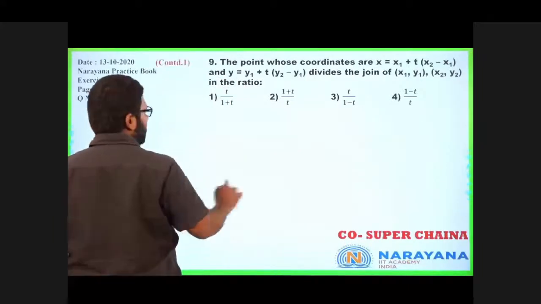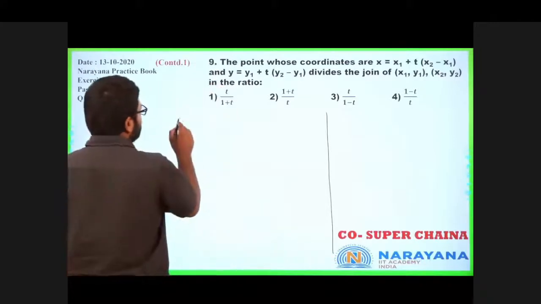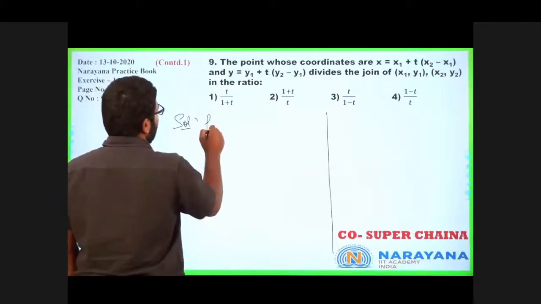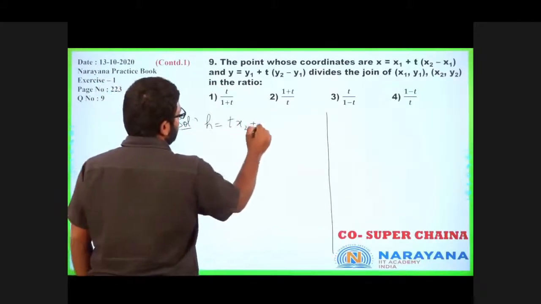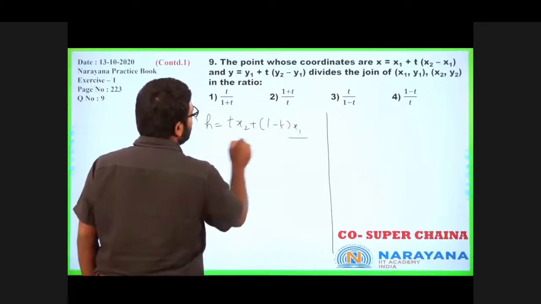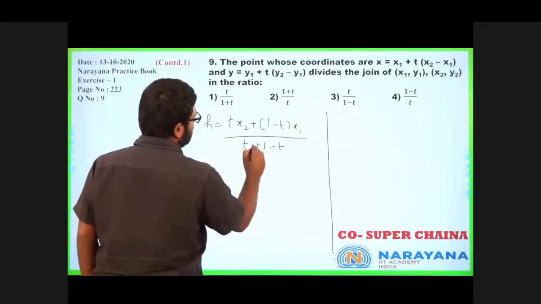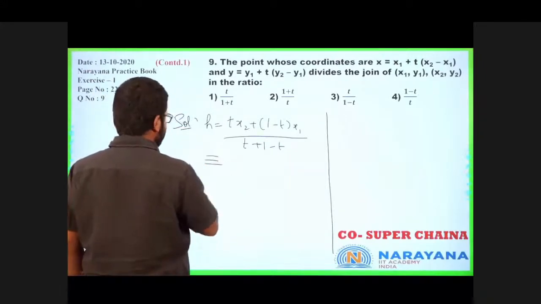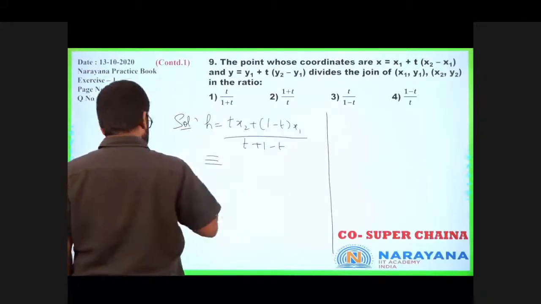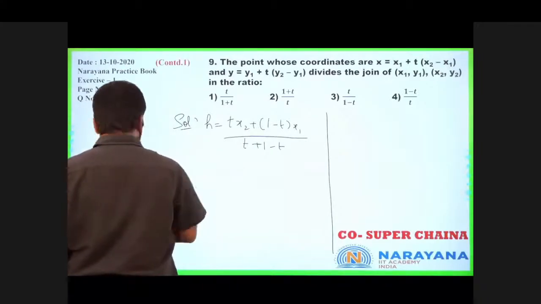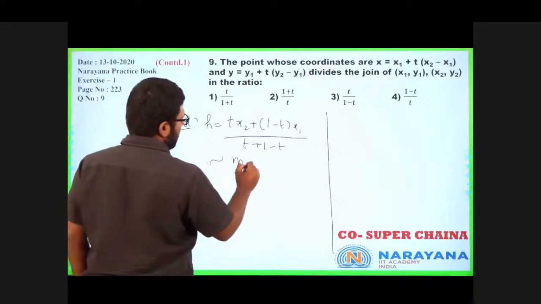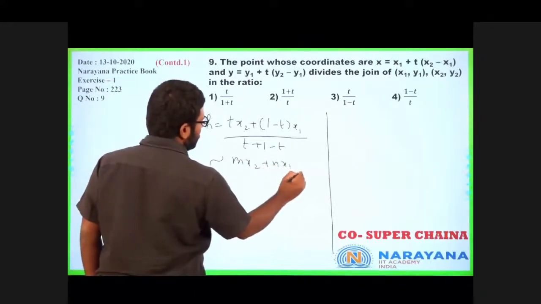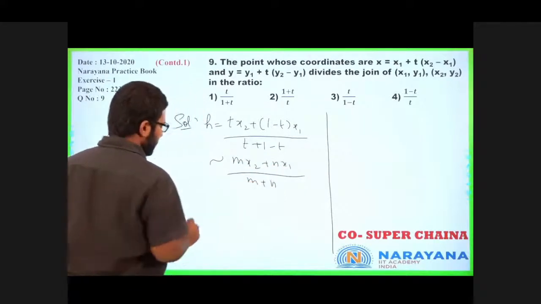So, H is tx2 plus (1 minus t) x1 upon t plus 1 minus t, which is similar to, let us use a slightly different symbol, mx2 plus nx1 upon m plus n, right?